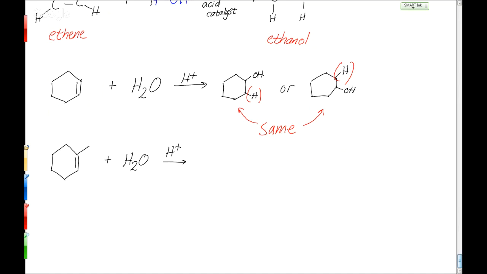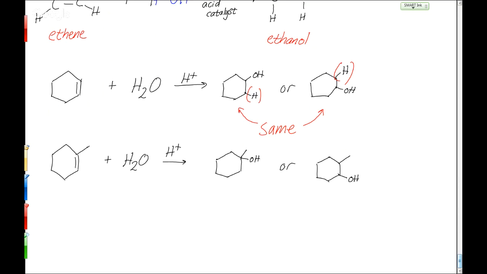Now we make two products. And those are not the same. See how those are not the same? Those are isomers. The OH and the methyl group are either on the same carbon or they're on adjacent carbons. Those are different molecules.